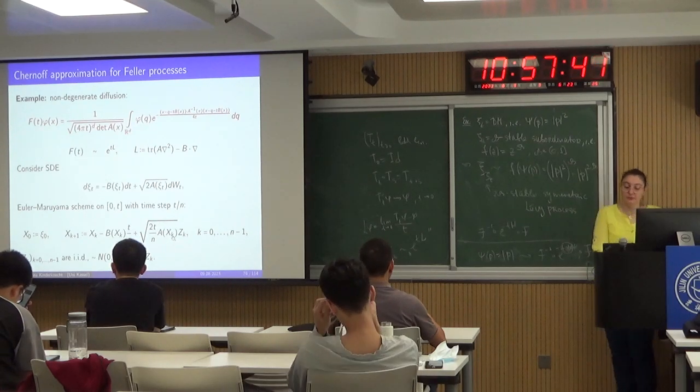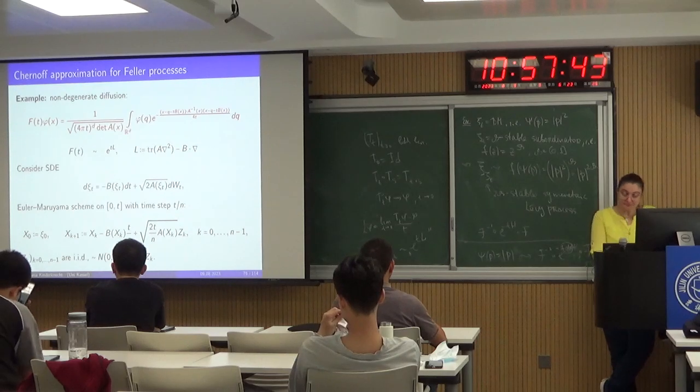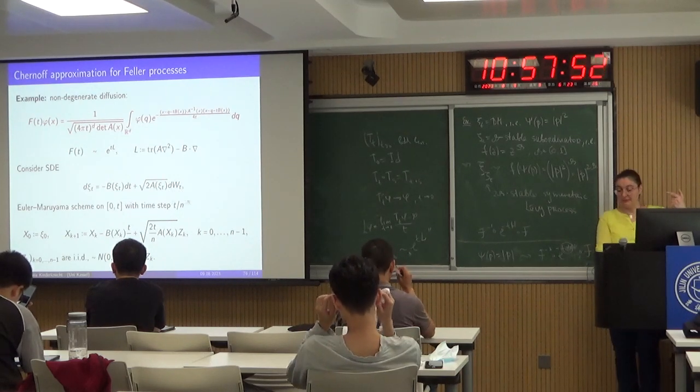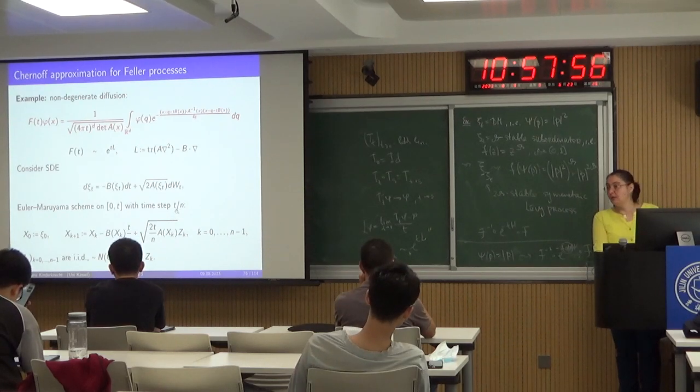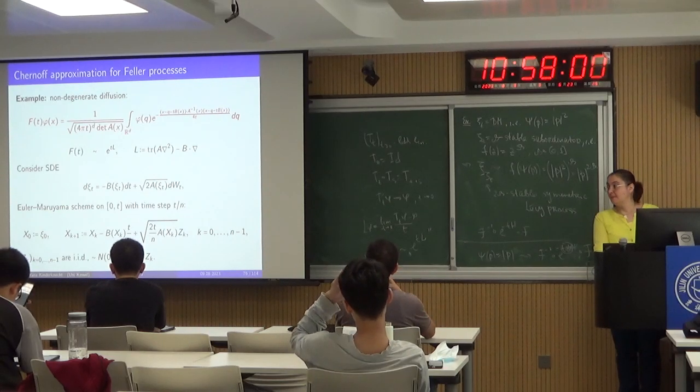And how do we approximate the increment of Brownian motion? We know that increments of Brownian motion, if we have time step t over n, are normal random variables which are centered with variance t over n.